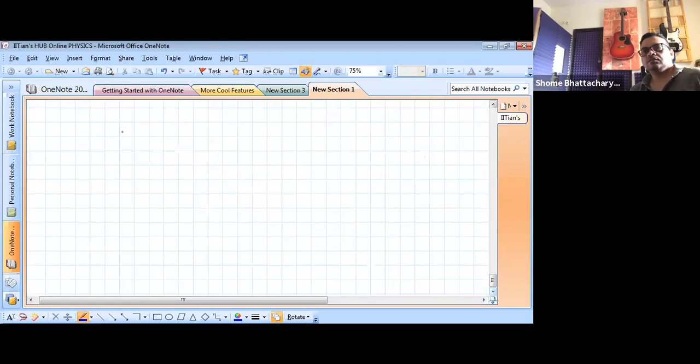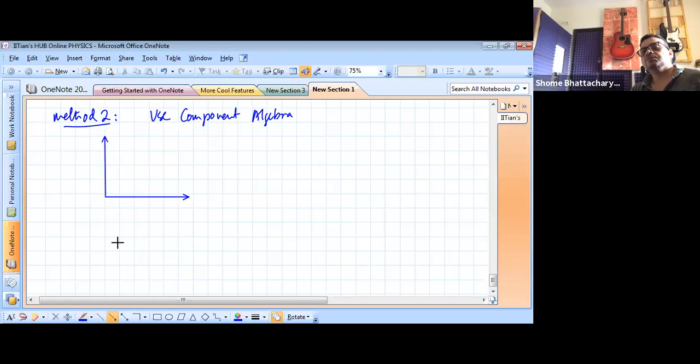Now, second method, we can also use component algebra. Okay. So we said that A and A plus B are perpendicular to each other. So let us say this is the vector A, and perpendicular to it is the vector A plus B. Let's say this is a in magnitude, and this is 3/4a in magnitude.